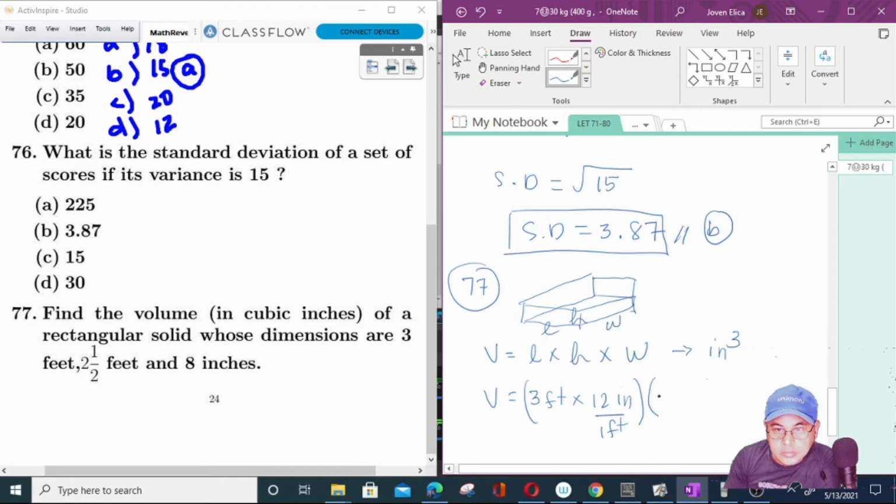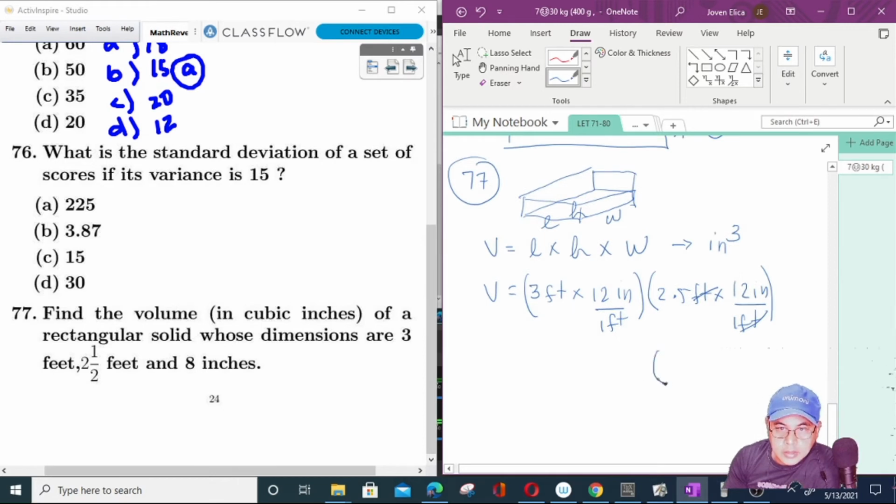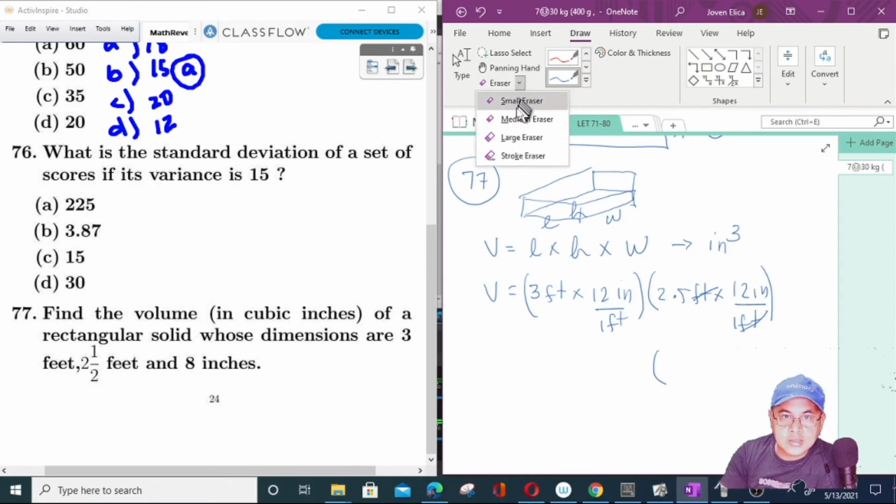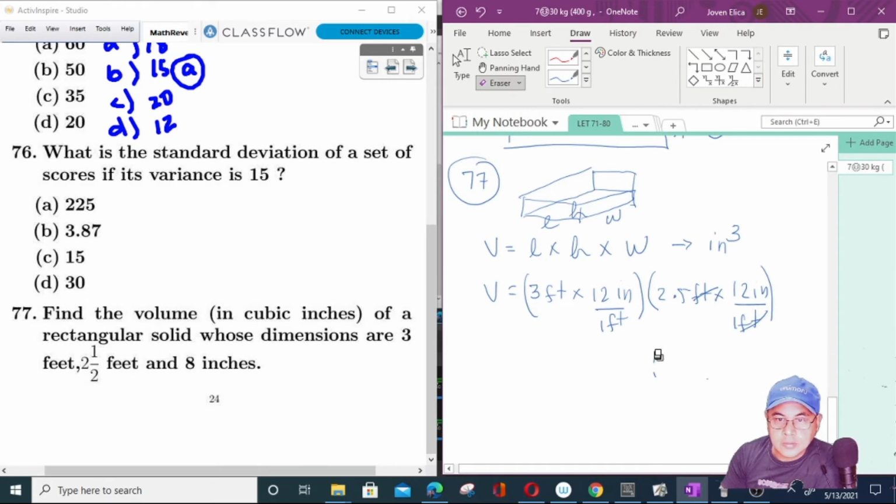The height is 2.5 feet, the same, multiplied by 12 inches over 1 foot. And then multiply by the width. The width is already in inches, so no need to convert. It's already in inches, so 8 inches.